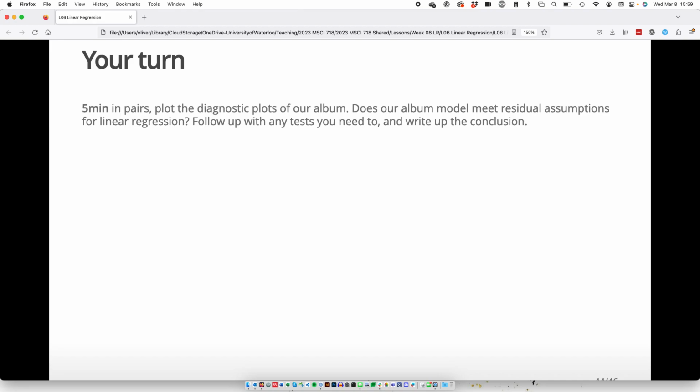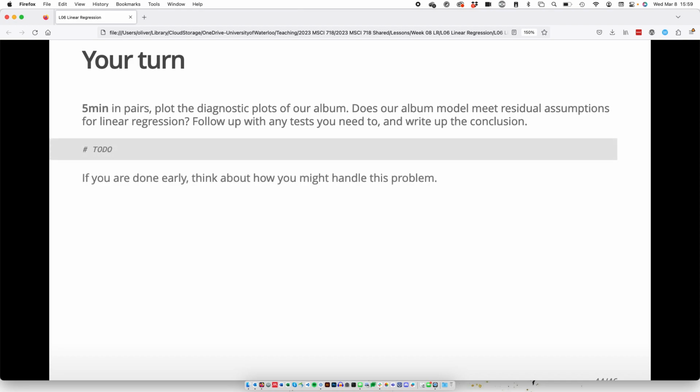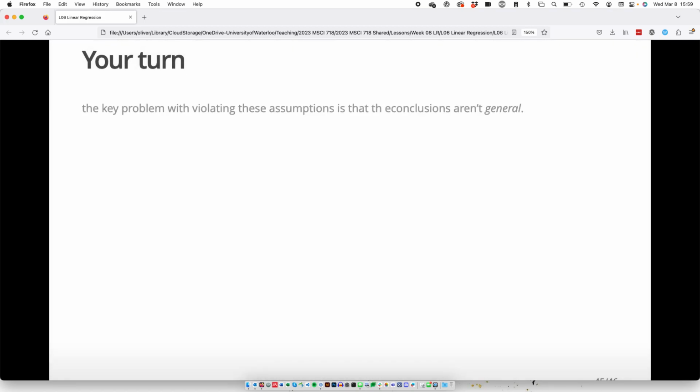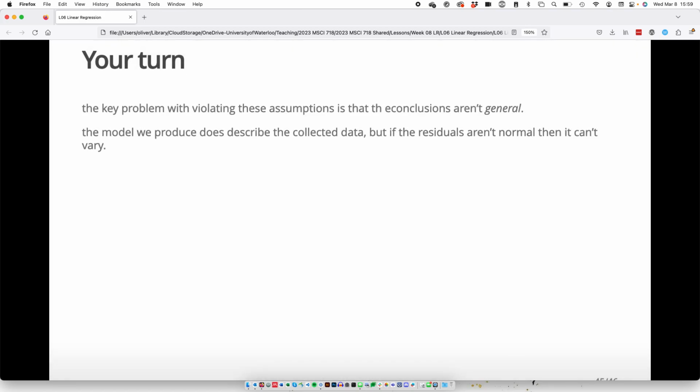So we're going to take a full break now. You can plot the diagnostic plots and give an analysis for that during the break. And the key thing to think about these assumptions is that the conclusions aren't general. So the model we produce will describe the collected data, but if the residuals aren't normal, then it can't vary, right? Like we can't say, in general, album sales will match this certain thing.